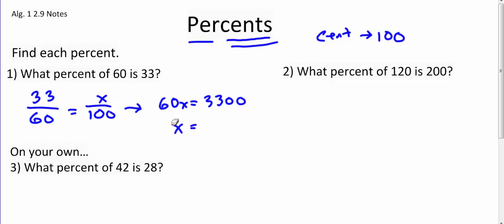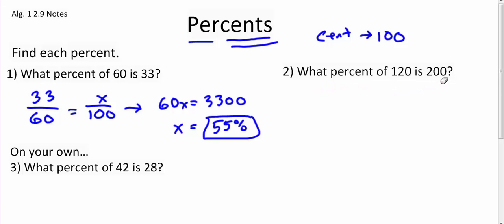Then we divide, and I'm fine with you using a calculator on this. 3,300 divided by 60, and we're getting 55%. You just see the number 55 on the calculator screen, but since we've set this up as a proportion, we know it's going to be a percentage.